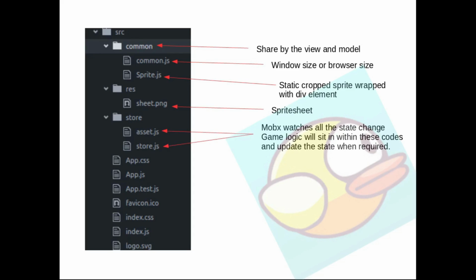And then after that we have the store, where the mobx will watch all the state changes. So our initial state will be declared over here, and our game logic, which is our collision, collide, and our handling of the pipes appearing on the north or the south, and the bird, what is the velocity of the jumping.